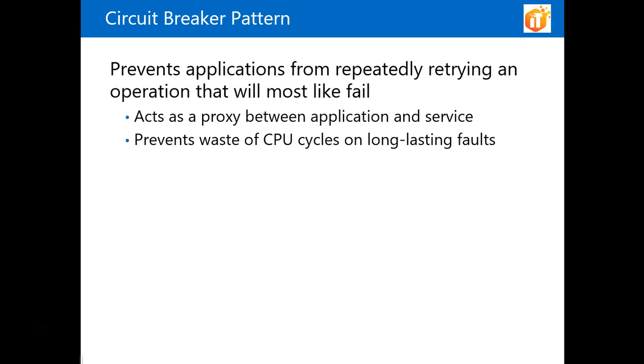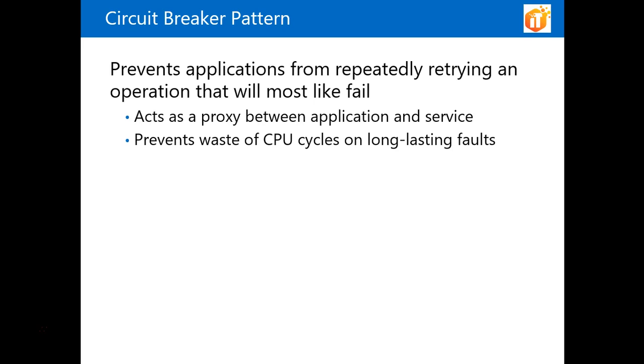The circuit breaker pattern handles faults that might take a variable amount of time to recover from when connecting to a remote service or resource. This can improve the stability and resiliency of an application. So what is the context and problem?